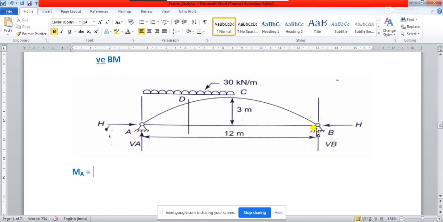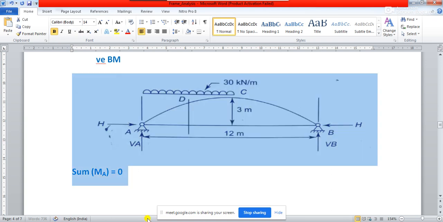And also, will this H create any moment about this point A? No, it is not going to create any moment. So the sum of all the moments about A needs to be equal to 0.